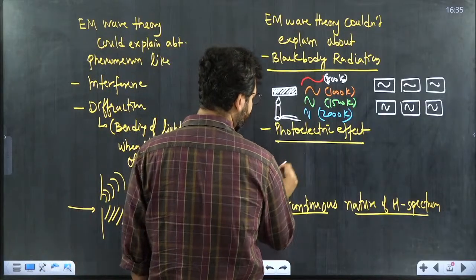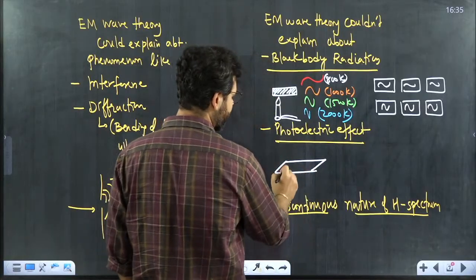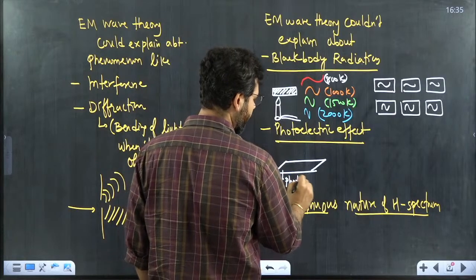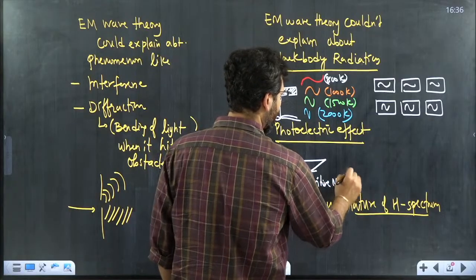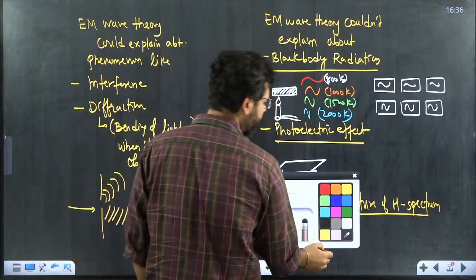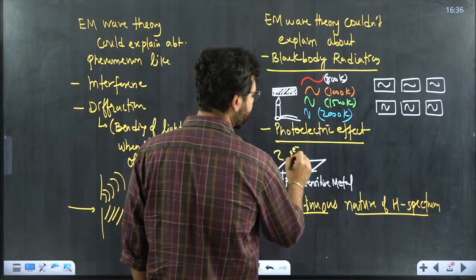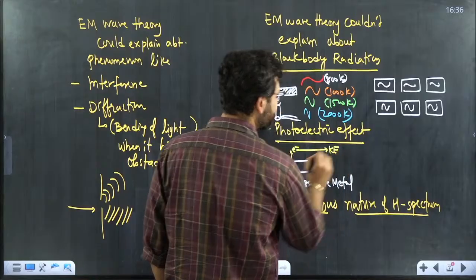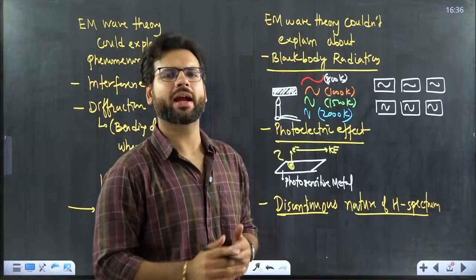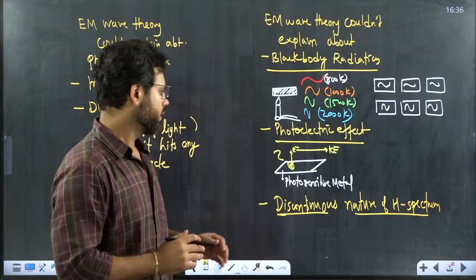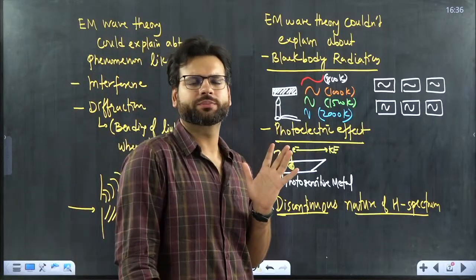We will study the photoelectric effect, that whenever a surface of metal, a photosensitive metal, is irradiated with light, an electron gets ejected from here and starts moving with some kinetic energy. This also cannot be explained by the continuous nature of light. If light had a continuous nature, this electron should come out with any given wavelength.